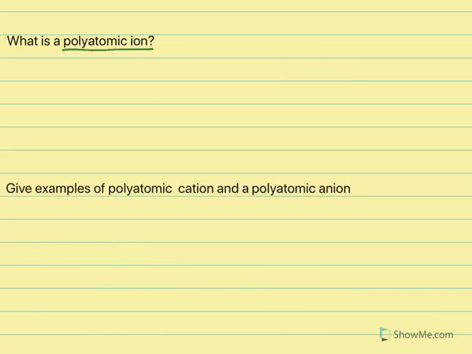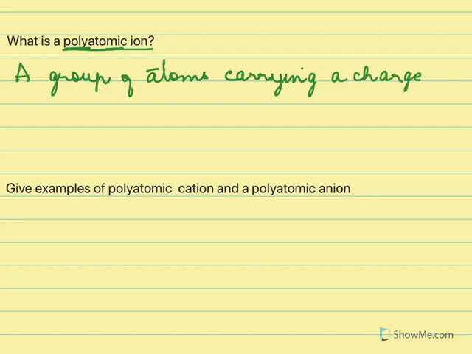What is a polyatomic ion? Poly means many, so a polyatomic ion is a group of atoms carrying a charge. It's called a polyatomic ion.